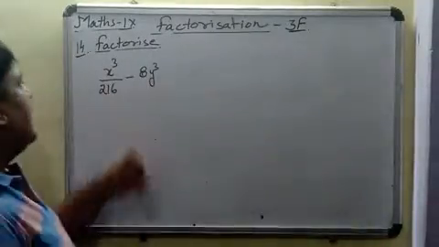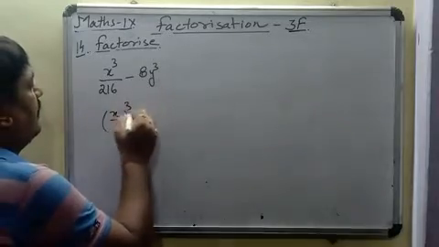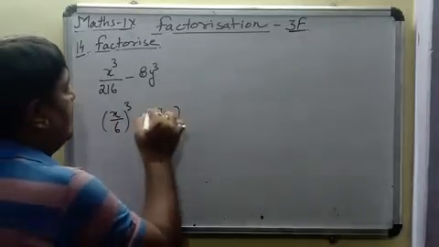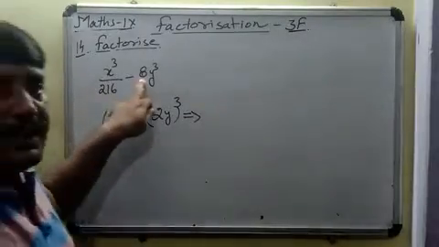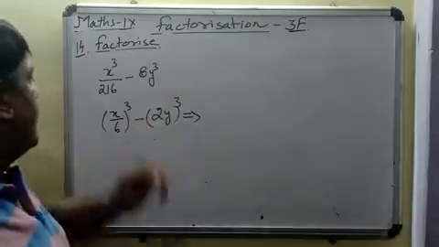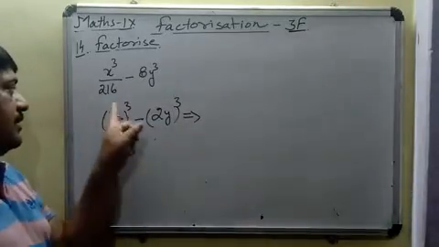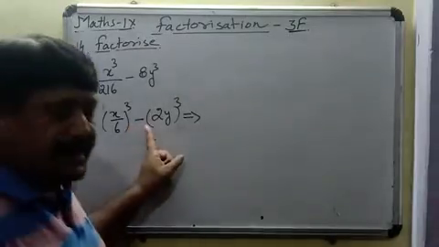So we can write it down as x upon 6 whole cube minus 2y whole cube. 2 to the 4 to the 8, it is 2 cube and y cube. So 2y whole cube. This is our a cube and this is our b cube, and in between we are having a minus sign.